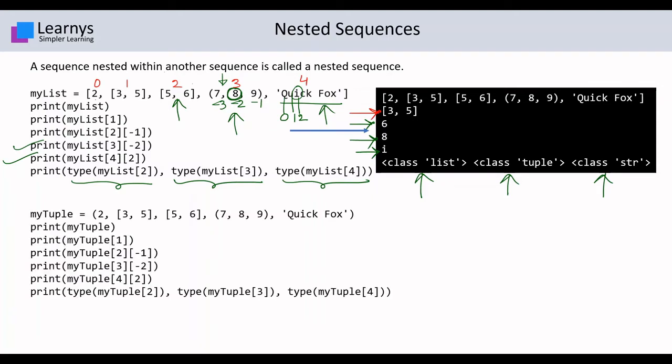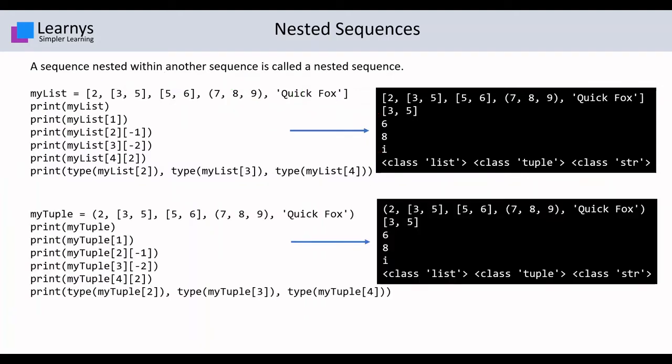Let's see another example. Over here you have a tuple. Similarly, we will have the indexing, which was there in the list. Then we try to print the tuple. The entire tuple will be printed with the round brackets. Then we say print mytuple[1]. That means print this list, so this list will be printed. Similarly, [2][-1] will be the value 6 because it is at -1 indexing inside this list.